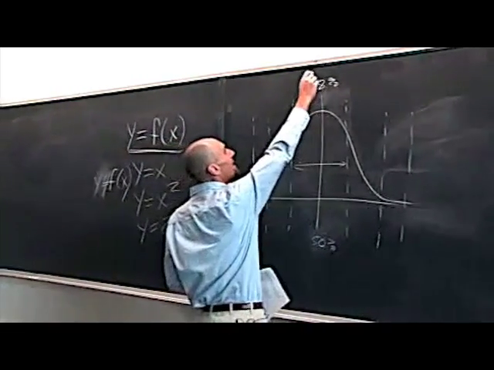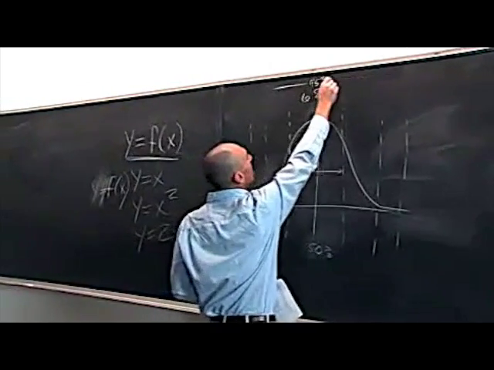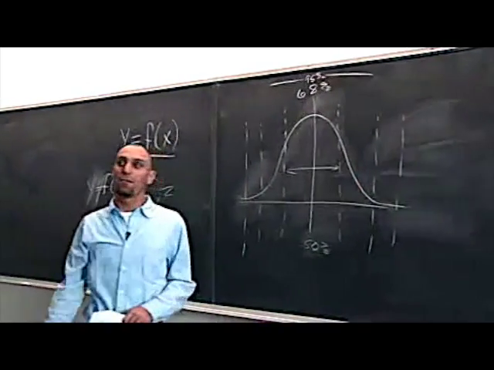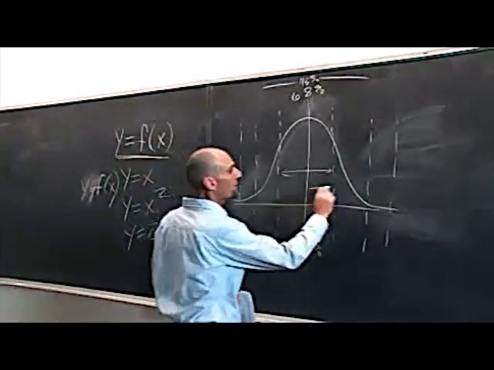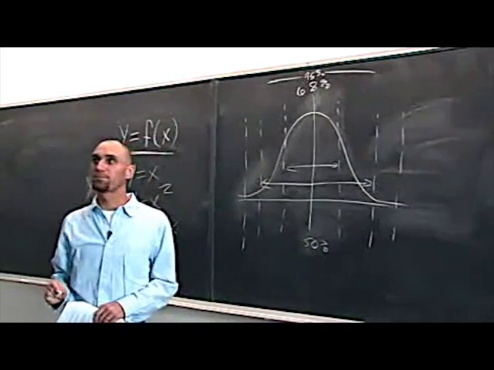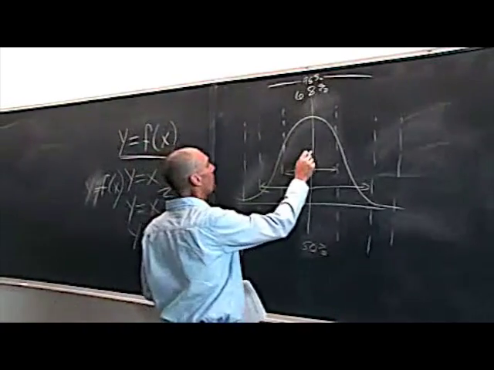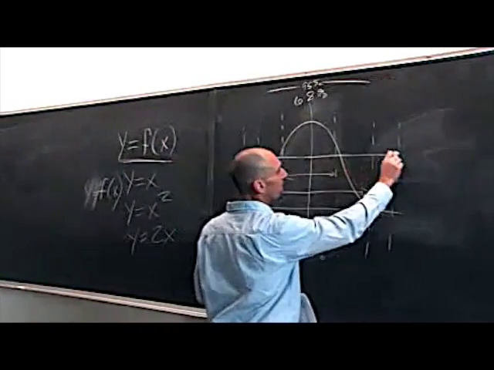We know that 95% of the people we ask are going to be within 2 standard deviations of the mean. And we know that virtually everyone is going to be within 3 standard deviations of the mean.